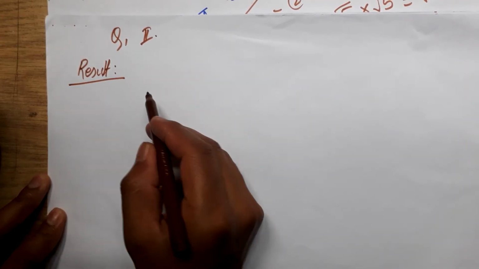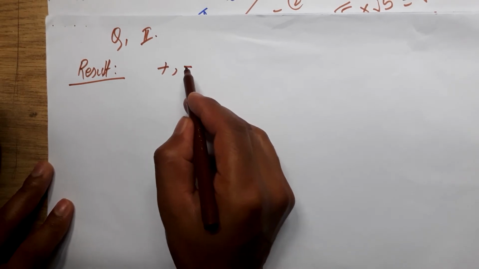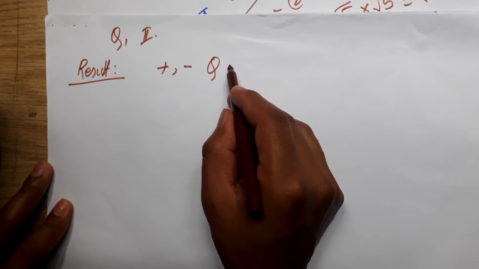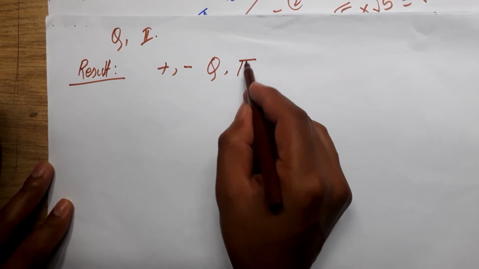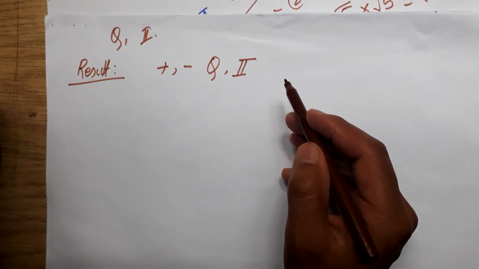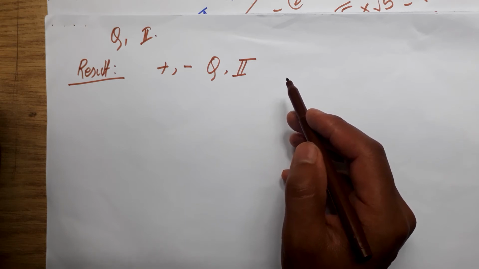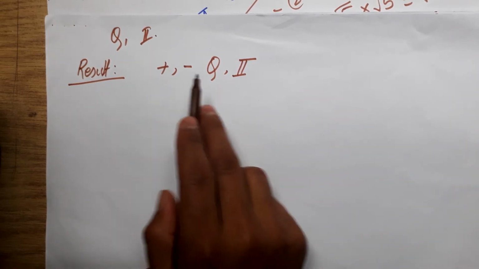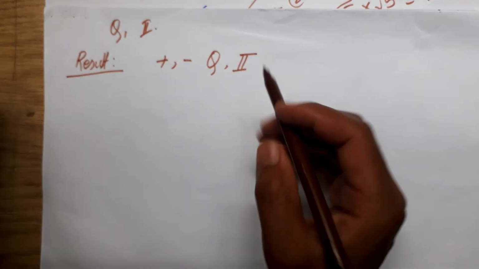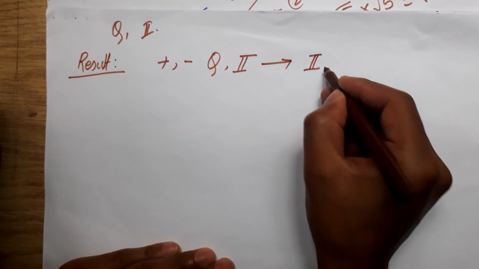The first result is that the sum or difference of a rational number and an irrational number is always irrational.